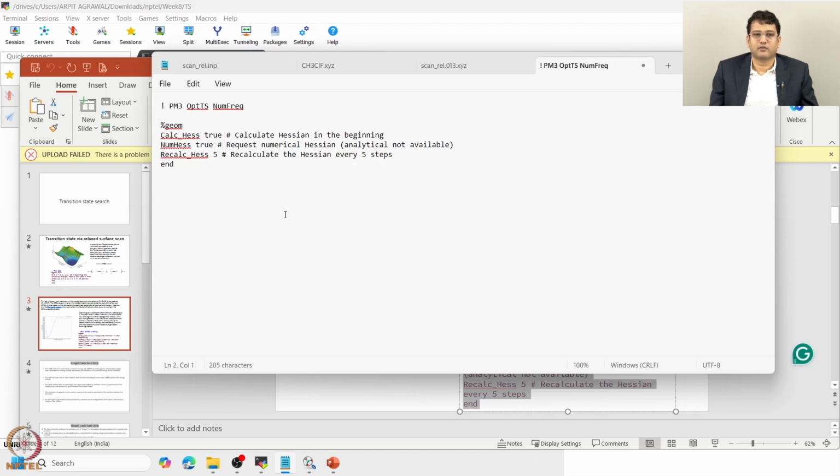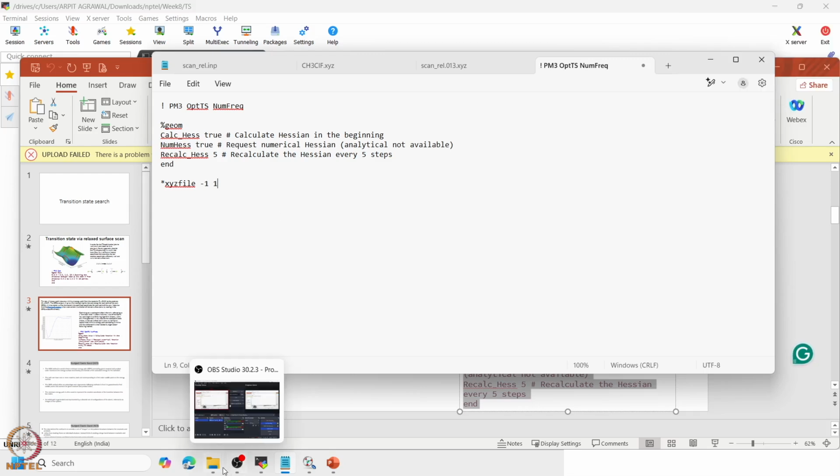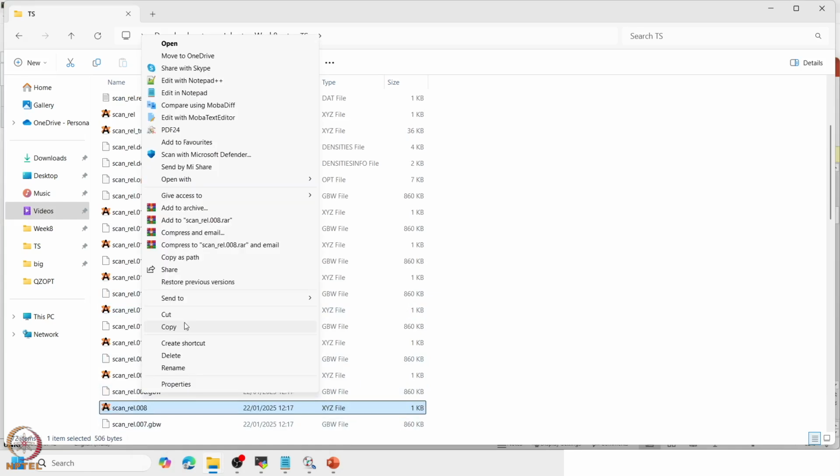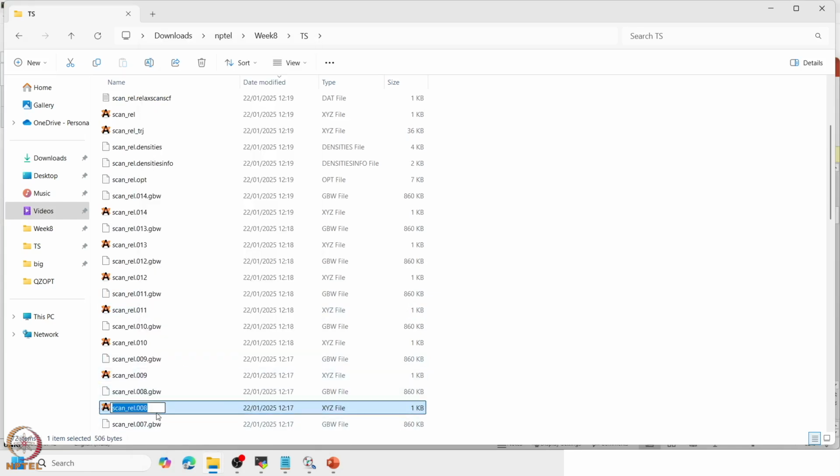And we have seen that step 8 was actually close to the geometry. So what we can do, we can use the XYZ file format. I could have copy pasted the geometry also, it's -1 1, and I just need the name, so just copy the name.